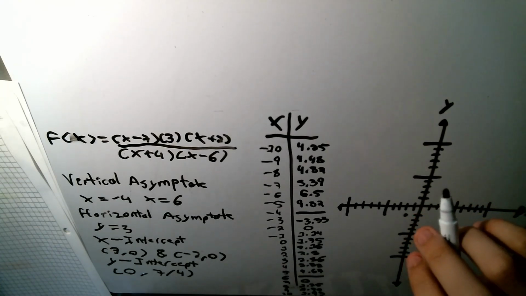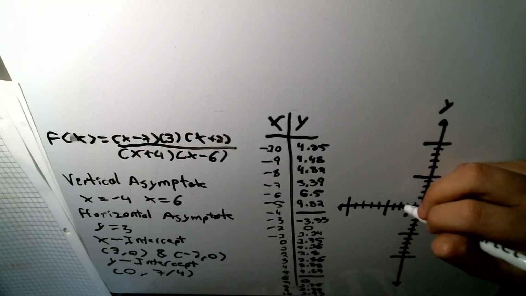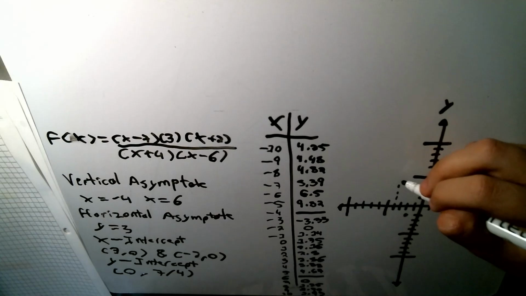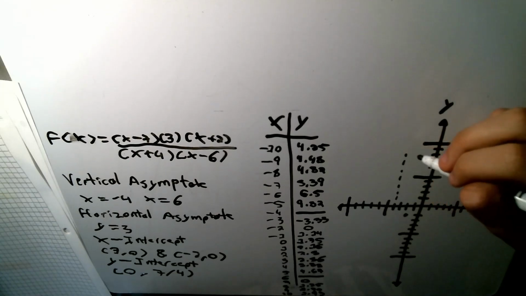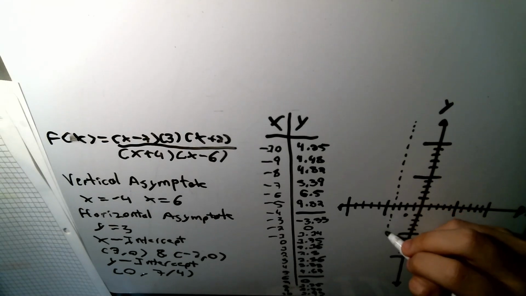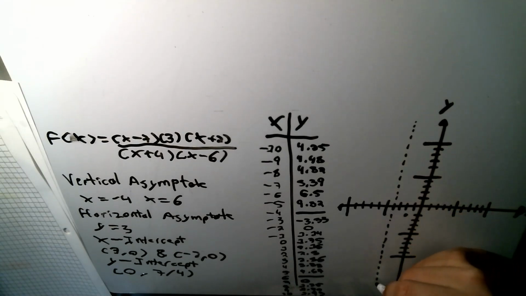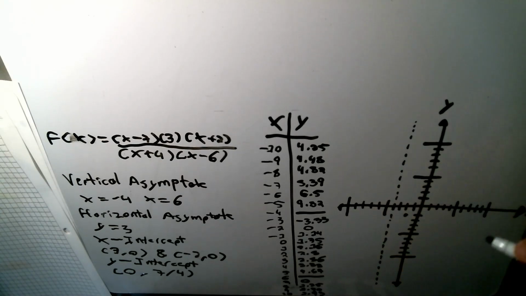Okay, so let's start graphing this. First, we're going to write the asymptotes, which are minus 4 and 6.